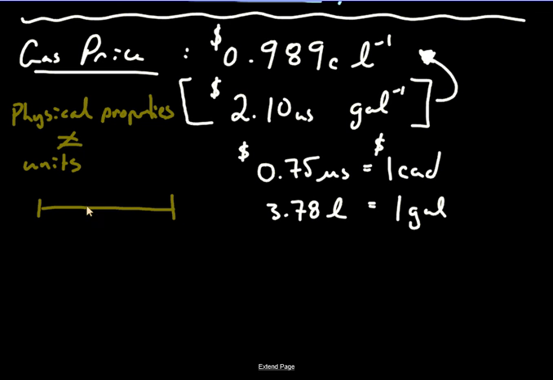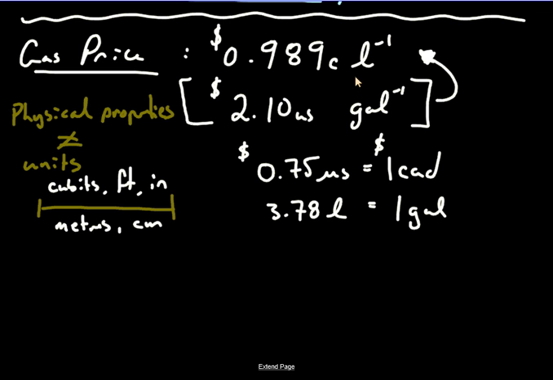That's a physical property. I could measure this in many different units. I could measure it in cubits. I can measure it in feet. I can measure it in inches. Or I can measure it in meters. I can measure it in centimeters. Okay, you're going to get a different number for each one, all right?